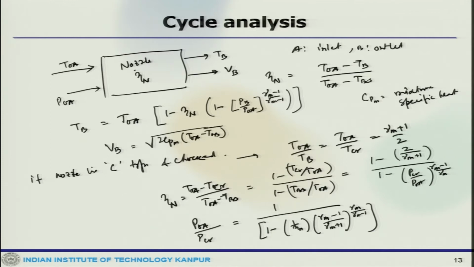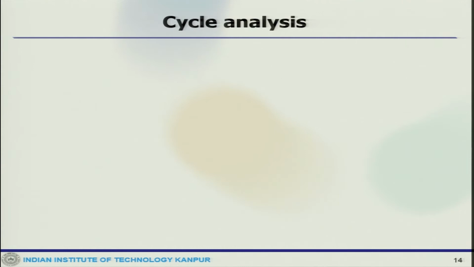Now you see why the discussion of compressible flow and all these relationships are important, because this is what is going to be handy. Now, with that we move ahead with the complete engine. Let us say we draw an engine like that.